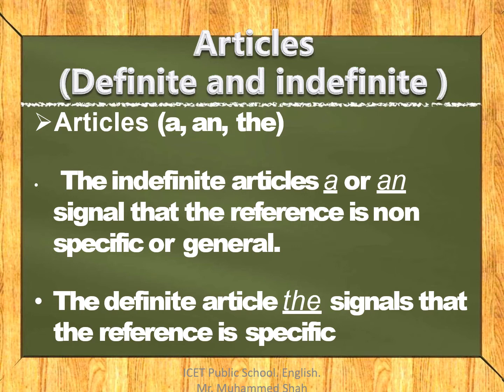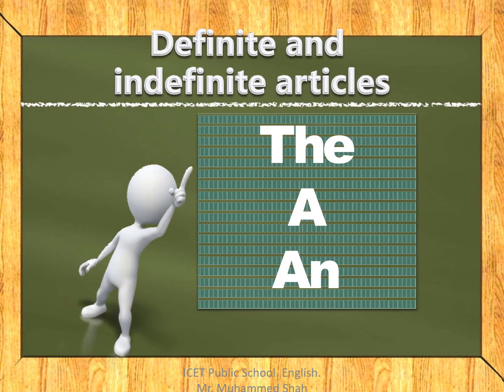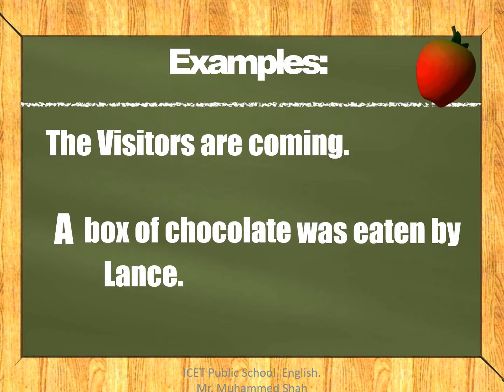Examples: 'The visitors are coming.' Here with 'the visitors', you will get the meaning of which visitors, so we used 'the'. 'A box of chocolate', so 'a box of', not 'the box of chocolate', maybe anyone, it is in a general sense, not specific.